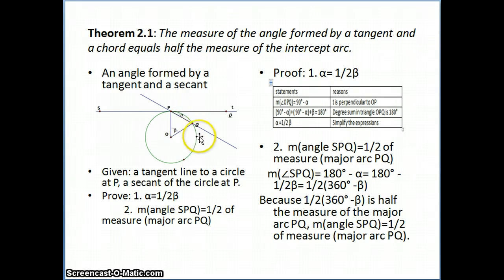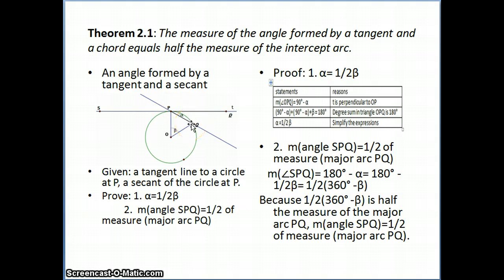The intercepted arc between these two lines is this minor arc PQ, and we want to prove this angle is half of the measure of the arc.